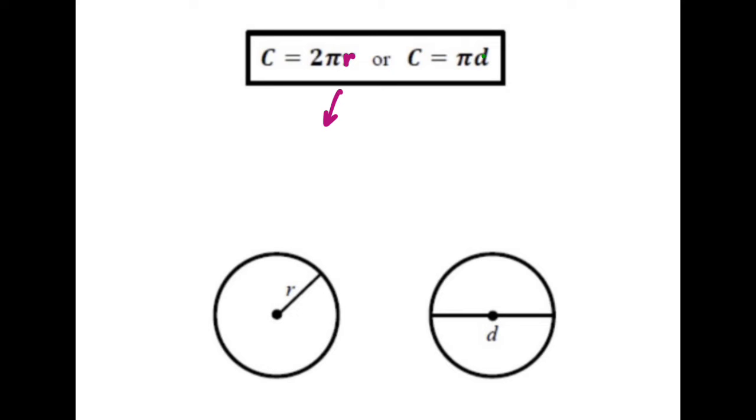If you're given the diameter, like on this circle, you can use that formula. Or you can understand that one diameter is equal to two radiuses, and you can use either one you want. I'll show you how to do that.